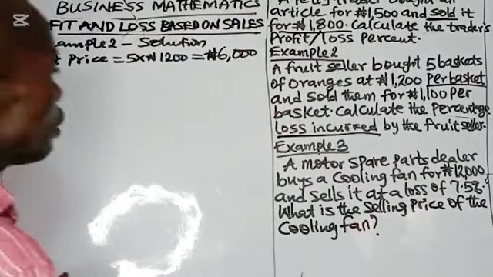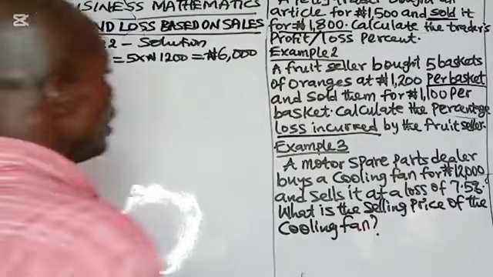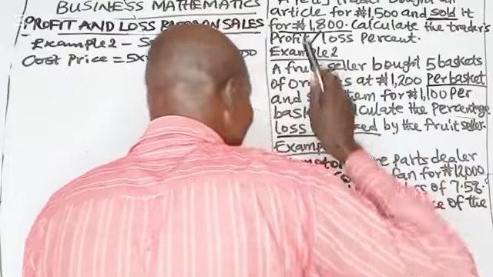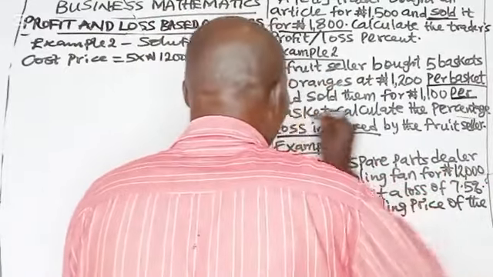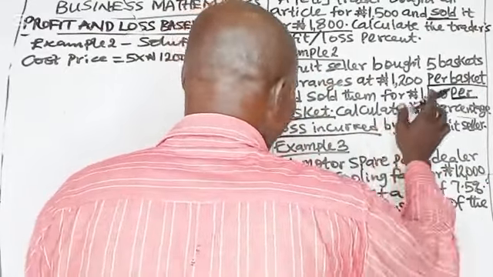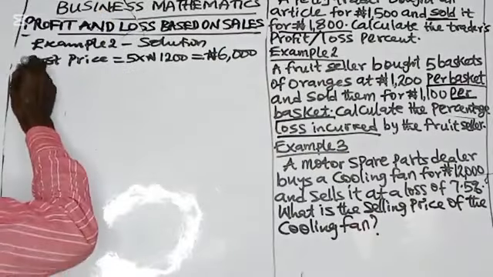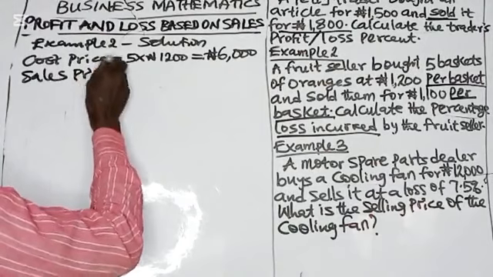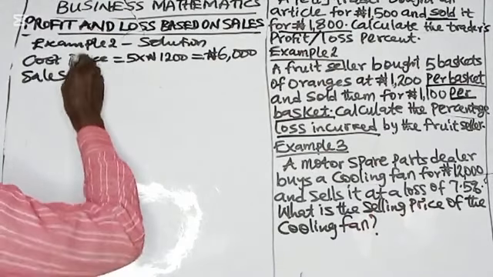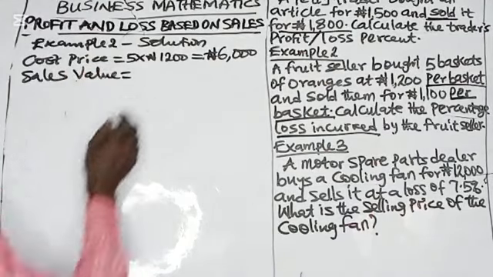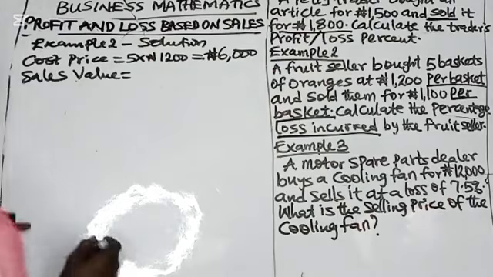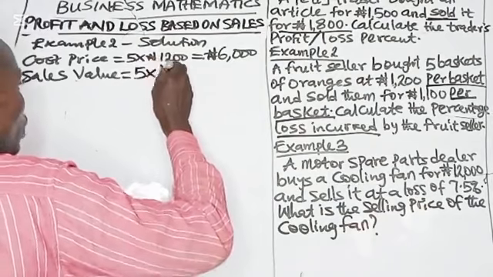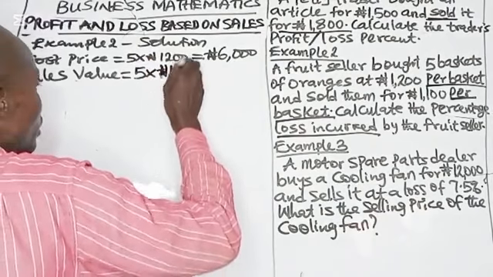How much were these oranges sold? They were sold for 1,100 naira per basket. 1 basket was sold for 1,100. So sales price, or sales value, is the amount at which it was sold. 5 baskets were sold, and each basket was sold for 1,100 naira.